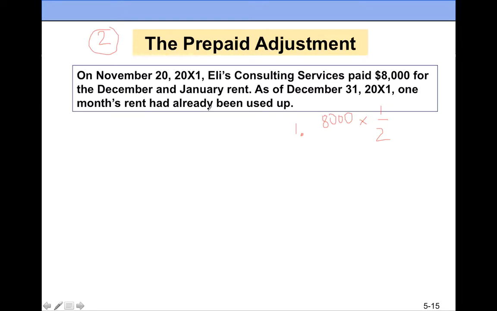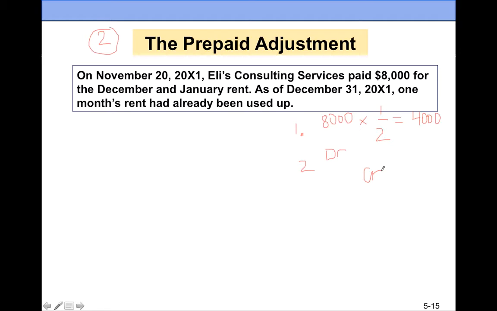Now 1 out of 2 months is used up, which is equal to $4,000. That's the amount of an asset called prepaid rent which is used up. Second step, debit rent expense, credit prepaid rent. So make sure you understand this.